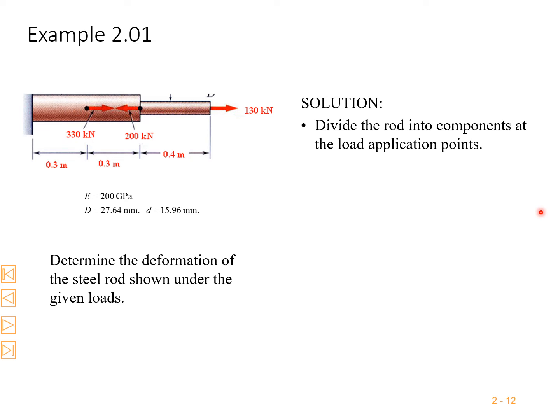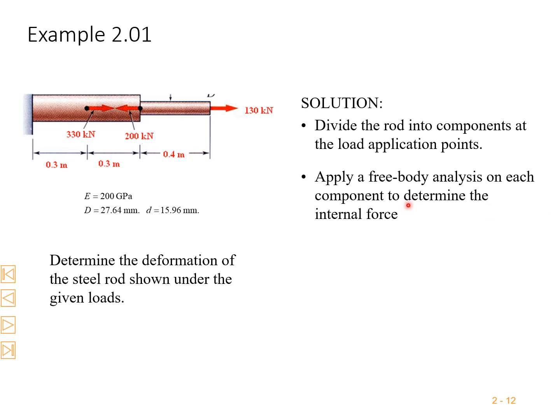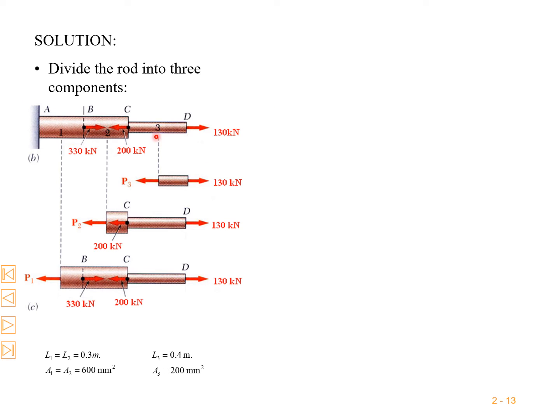Divide the rod into components at the load application points. Apply free body analysis to each component. Determine the internal force. Evaluate the total component deflections. So divide the rod into three components: 1, 2, 3. If I take the cross-section here, I will get 130.